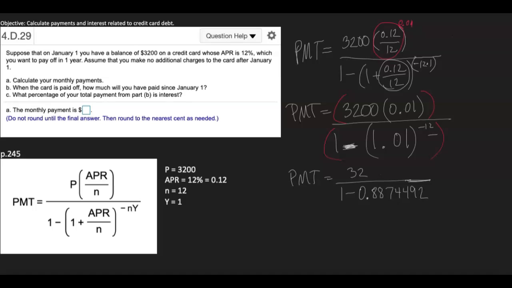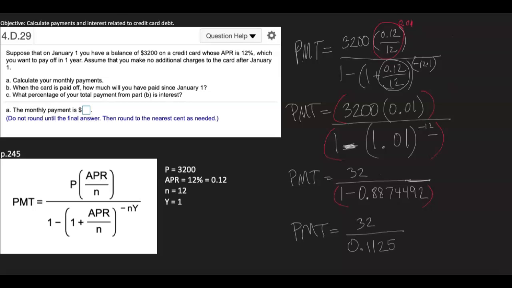So the last thing I see that needs to be done is the subtraction, because remember, there's still an understood set of parentheses around this denominator. So we will subtract, and I get 0.11.